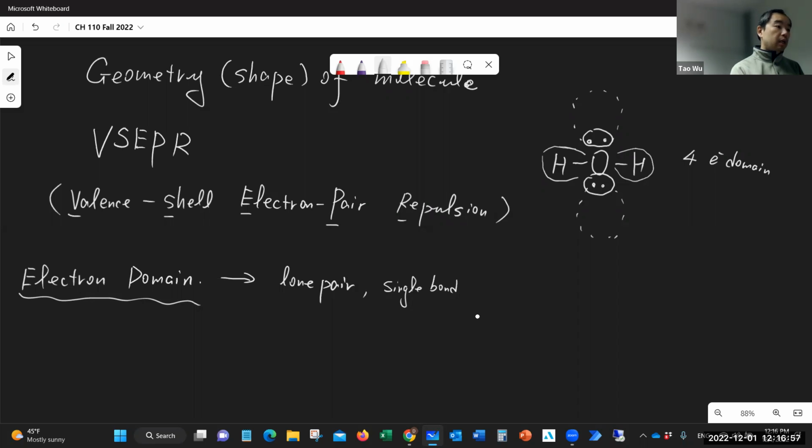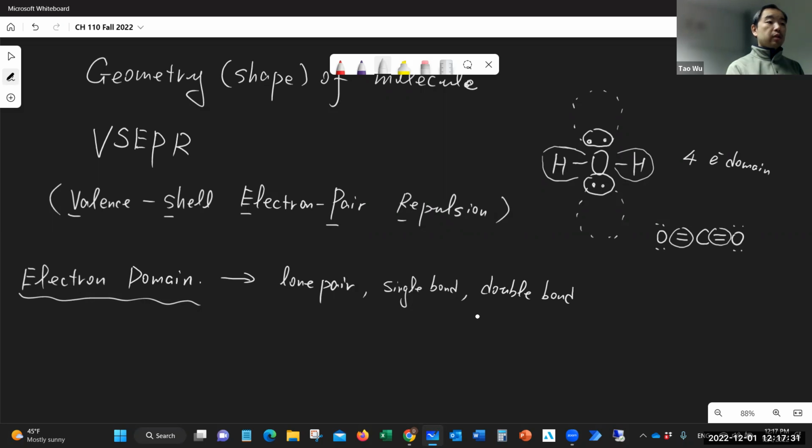Okay, this is an electron domain, but not just a single bond. A double bond can also be an electron domain. For example, carbon dioxide. For the central carbon atom, it has 2 double bonds, and each double bond counts as one electron domain.